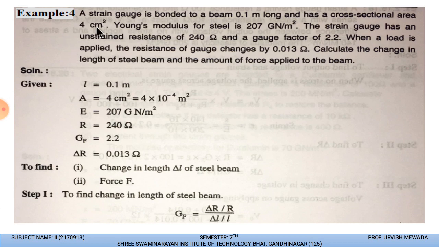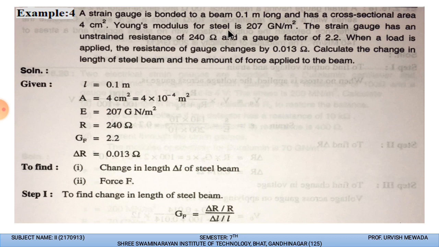Example number 4, the data which is given. The statement of example number 4 is: a strain gauge is bonded to a beam 0.1 meter long, and has a cross sectional area of 4 centimeter square.